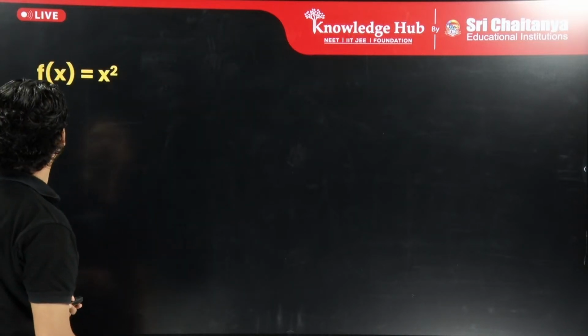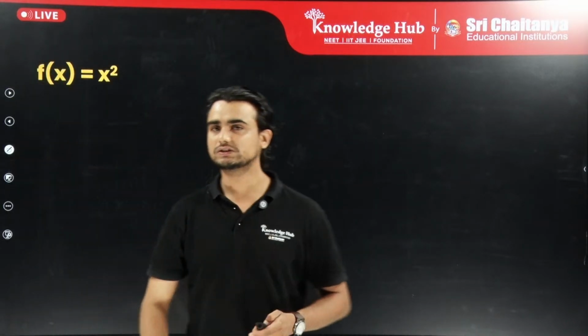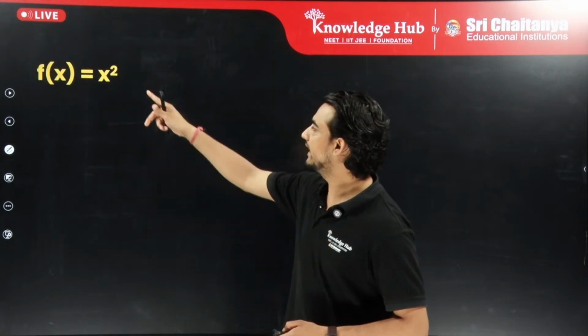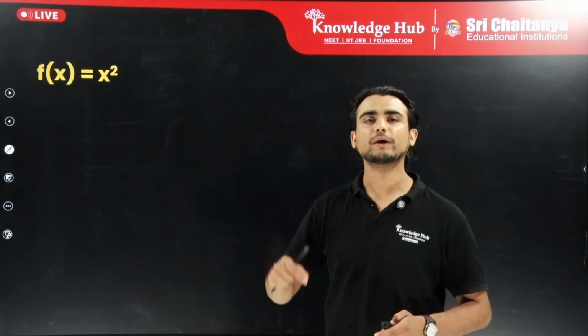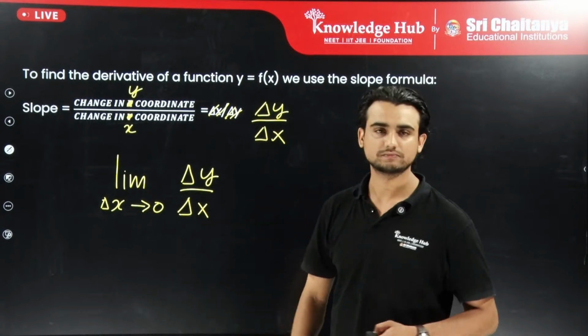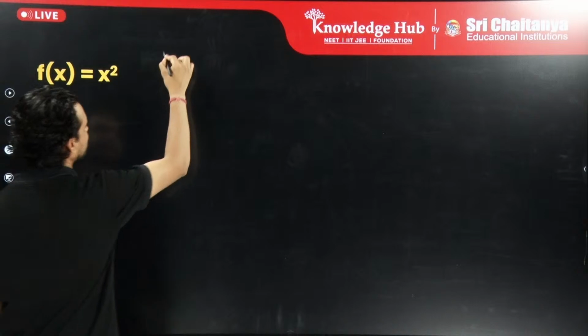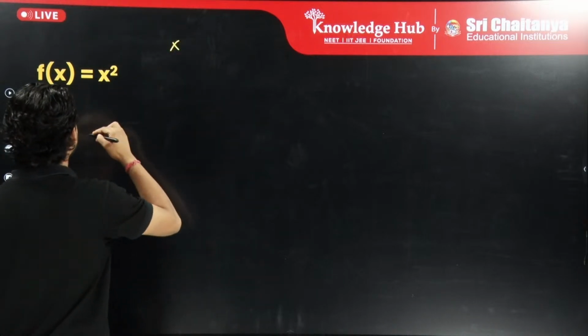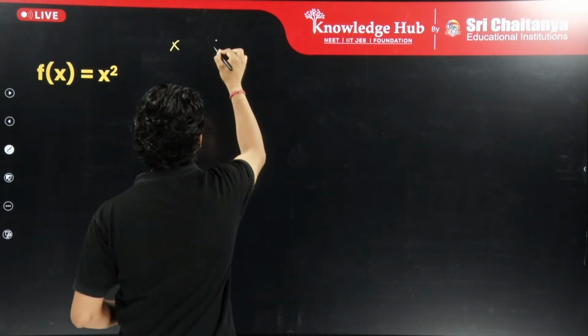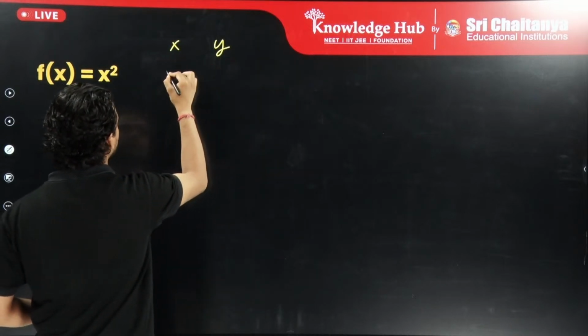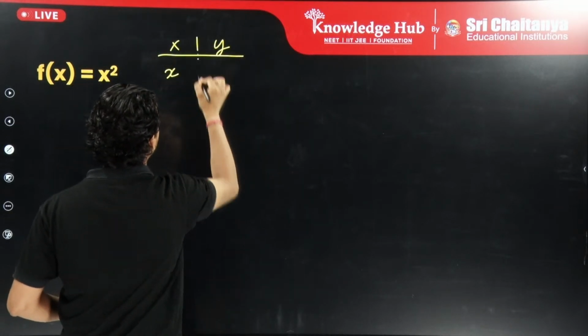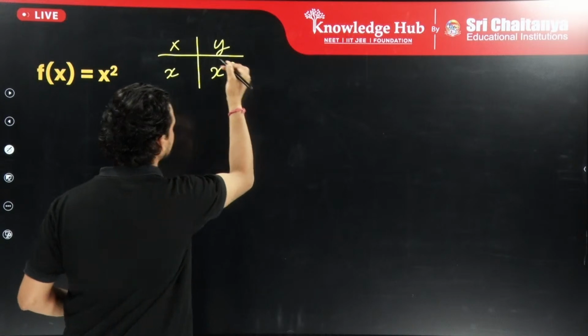Now, let's try to find the slope of the function x square at any point x using this formula. The formula is the same. Let's first take point x1. For some input x, I get my y as x square.